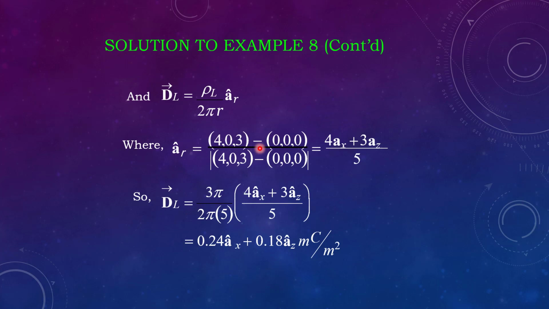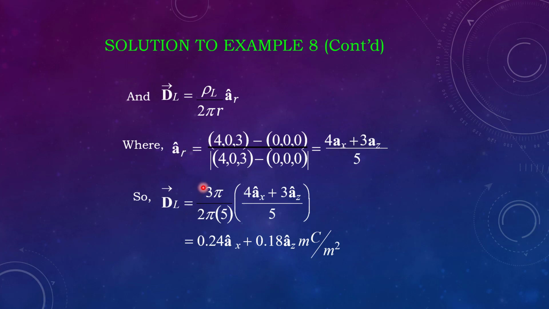So 403 minus 000 gives 4 ax cap plus 0 ay cap plus 3 az cap, divided by the square root of 4 minus 0 square plus 0 minus 0 square plus 3 minus 0 square, that is square root of 16 plus 9, square root of 25, which is 5. So ar cap is 4 ax plus 3 az divided by 5.